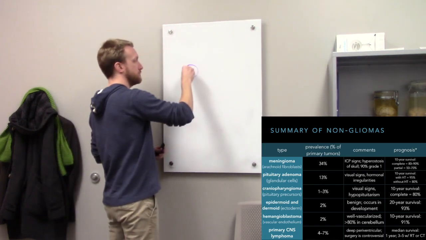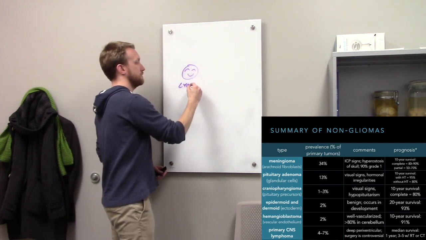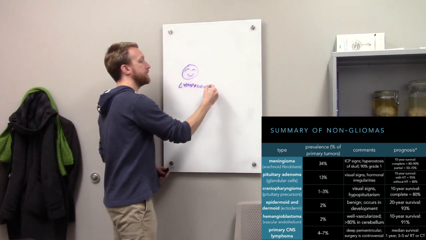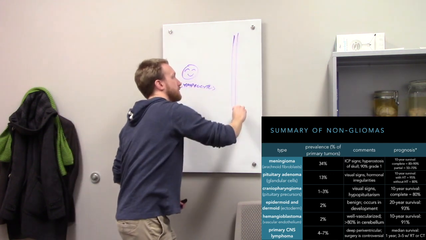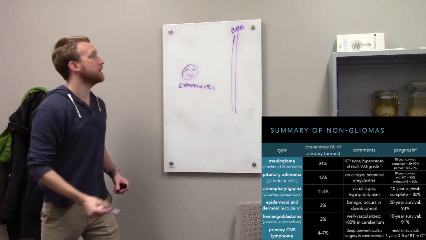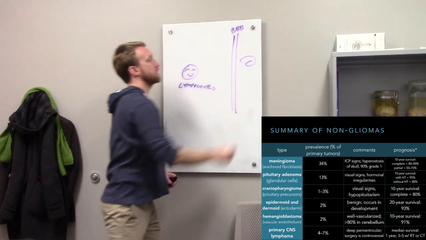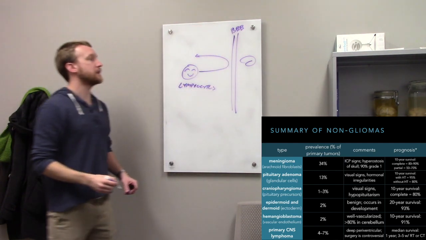So your normal, happy lymphocytes here are not going to cross your blood-brain barrier to enter the brain. So let's get a BBB up there, blood-brain barrier. Here's our brain over here. They're not going to invade that tissue.